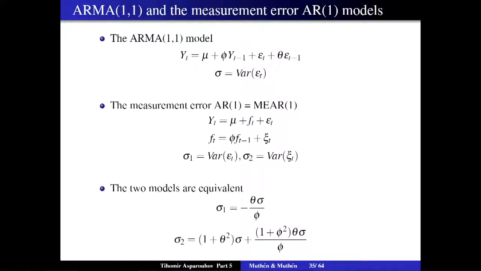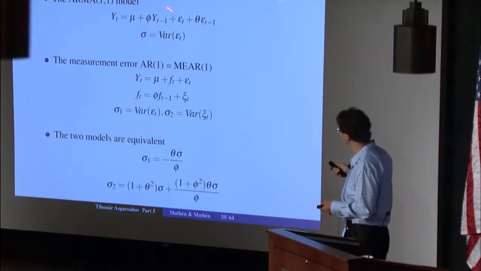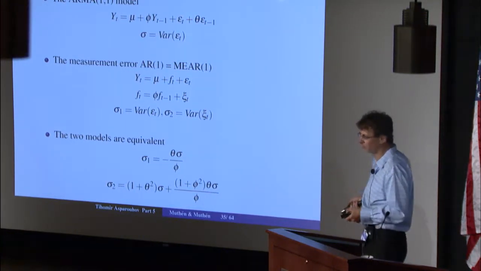So it's a single indicator model, something that's not identified in general in standard SEM, but in this time series modeling, it's actually identified. Not only is it identified, it's basically equivalent to one of the most fundamental models in econometrics.